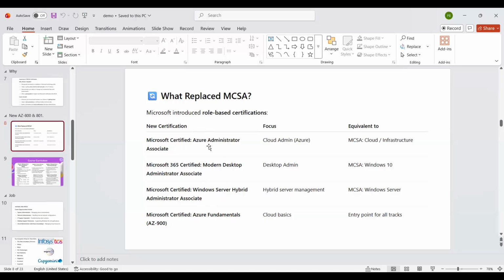This course is going to cover the first certification, Azure 104, and also AZ-800 and 801, along with this course. With the on-premises knowledge of servers, we are also going to get the knowledge of servers inside the Azure environment, how you can deploy the AD server inside the Azure environment.